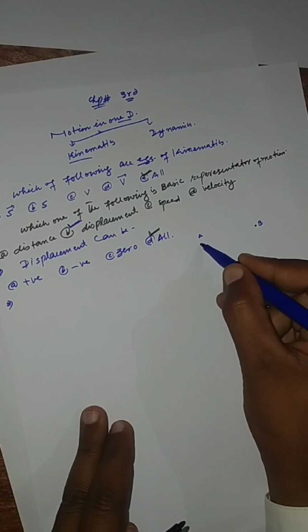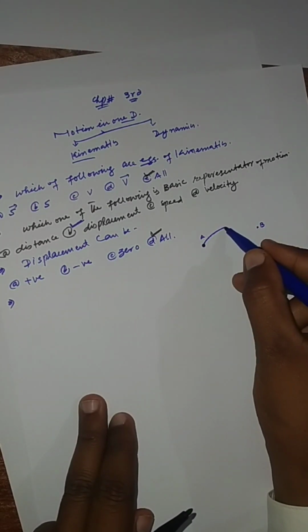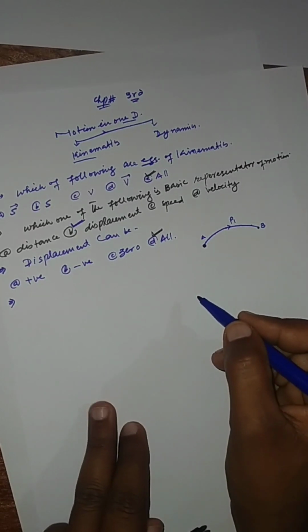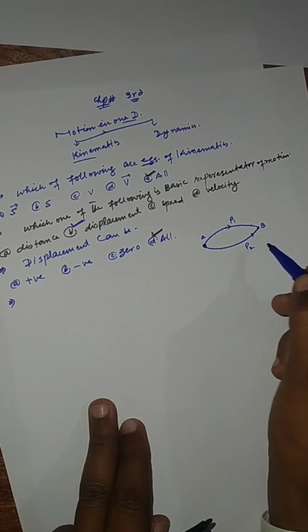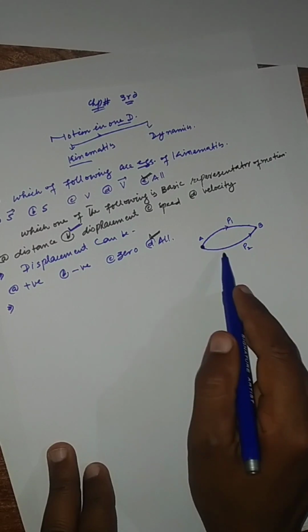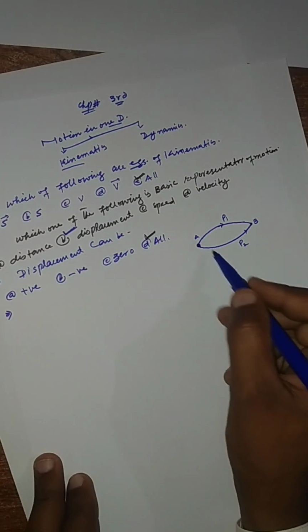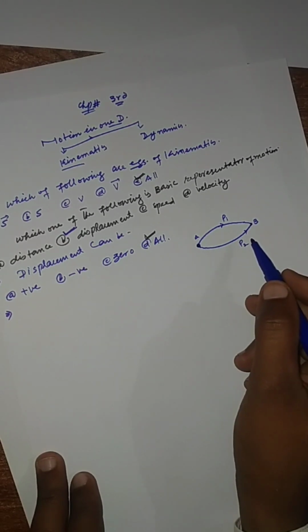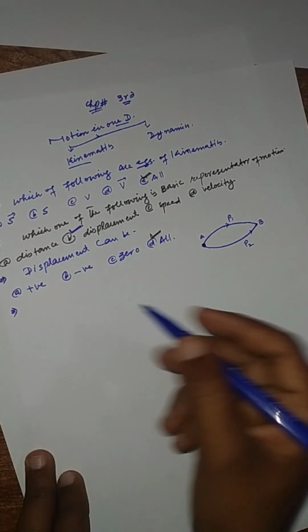Different bodies start from this A point and reach the point B. One is moving along this path, let's say P1, path 1, and another body moves along this path, path 2, P2.